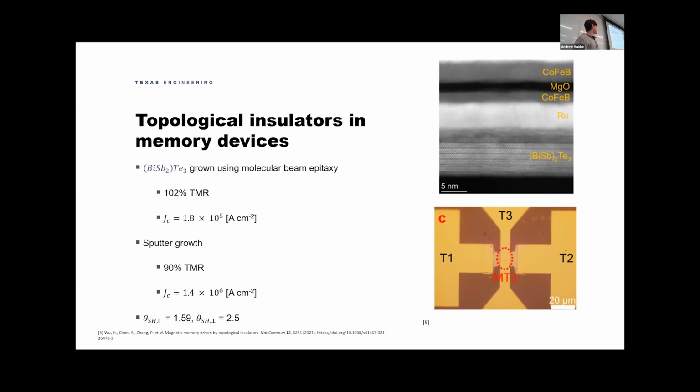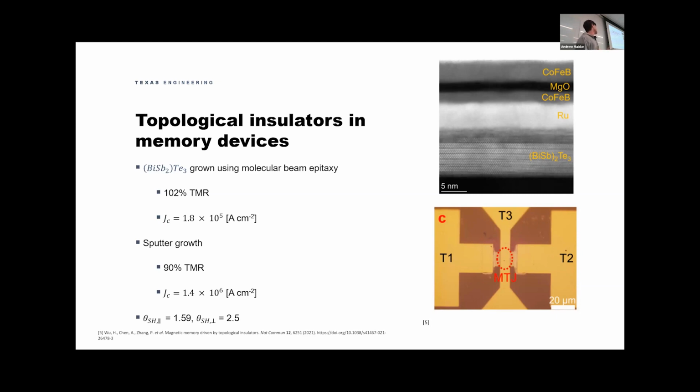And with that, the molecular beam epitaxy growth resulted in a 102% TMR with a critical switching current of 1.8e5, whereas the sputter growth had a slightly worse TMR, around 90%. And its critical switching current was also around an order of magnitude greater.